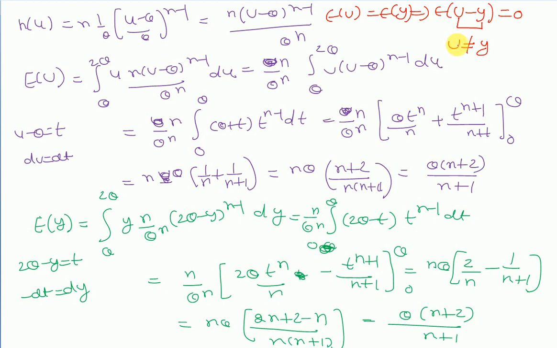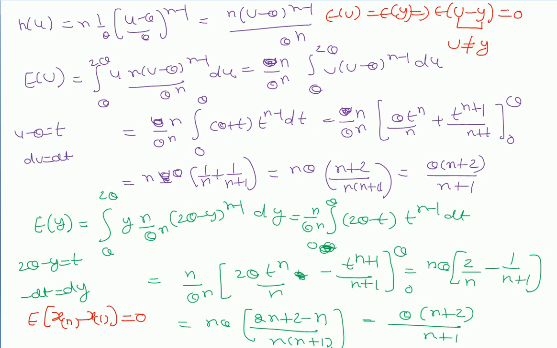Then it is enough to prove that the joint sufficient statistics x1 and xn are not complete sufficient, because the function of the sufficient statistics, that is xn minus x1, has expectation 0, but xn is not equal to x1. The function is not identically 0, but its expectation is 0. That is why xn and x1 are not jointly complete sufficient.